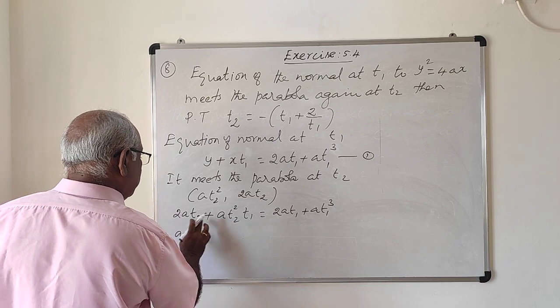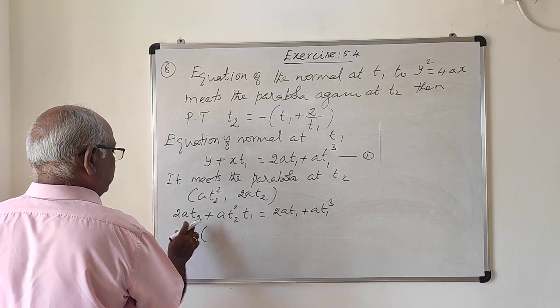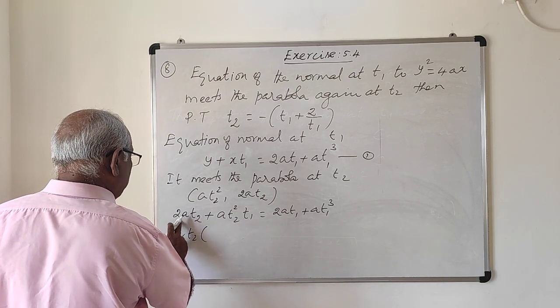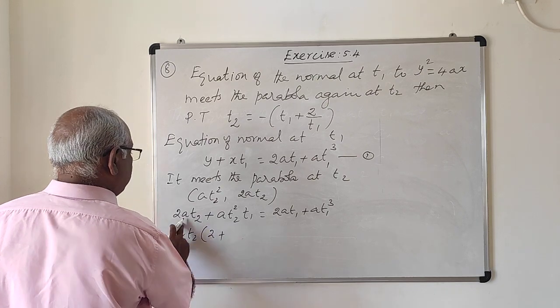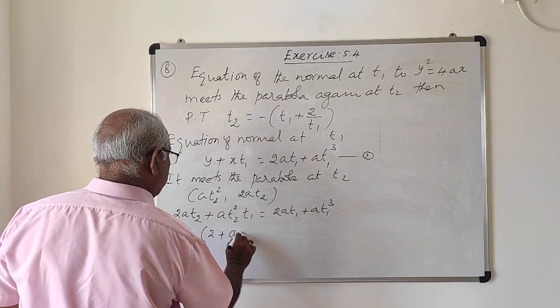Taking a t2 common on the left-hand side, we get t2 times (2 plus t1 t2).